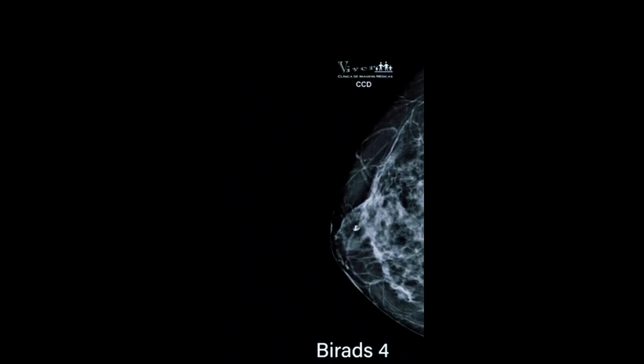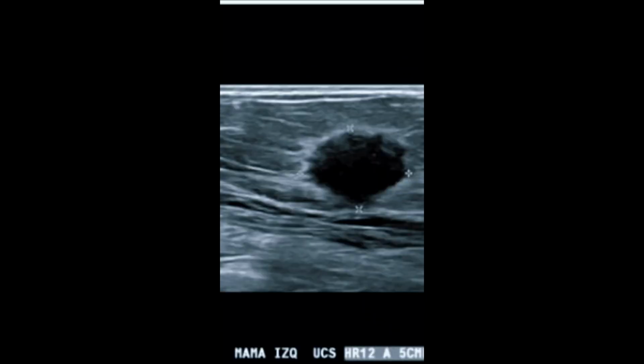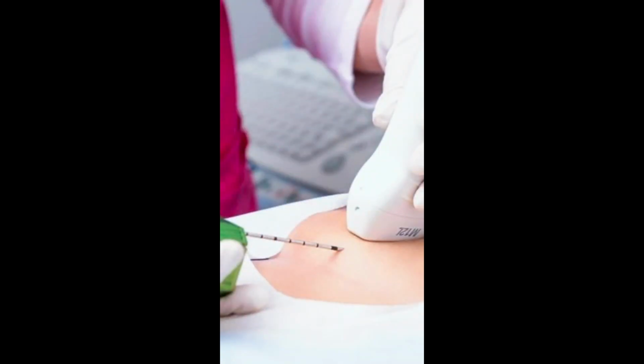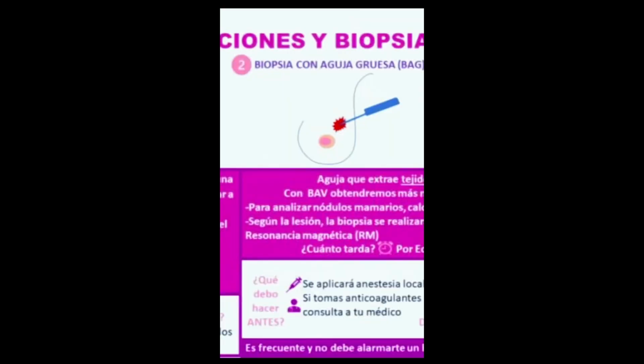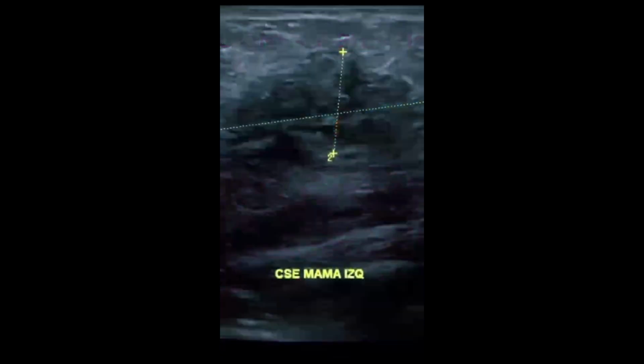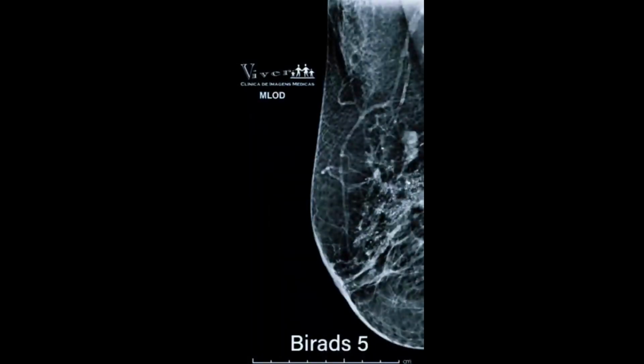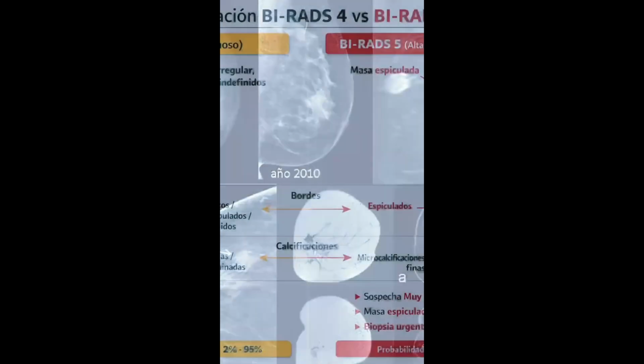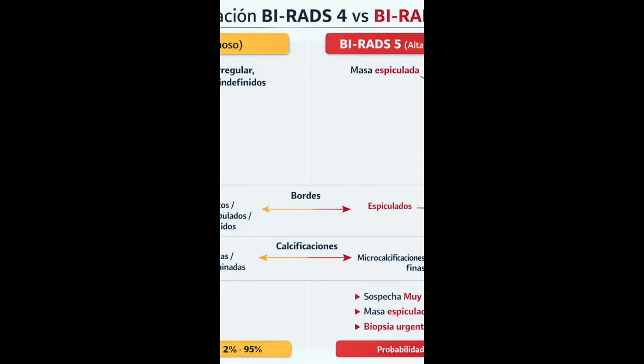Case examples: 4A, a 35-year-old woman with an oval nodule with partially circumscribed margins on ultrasound. It may appear benign, like a fibroadenoma, but it has slight irregularities. 4B, a patient with an irregular hypoechoic lesion without clear acoustic shadowing in the breast.